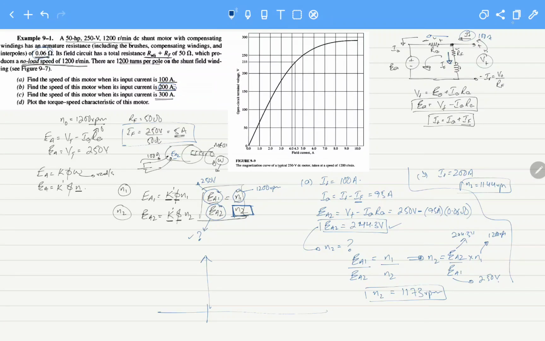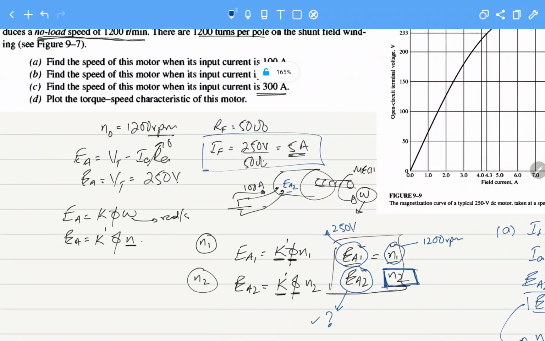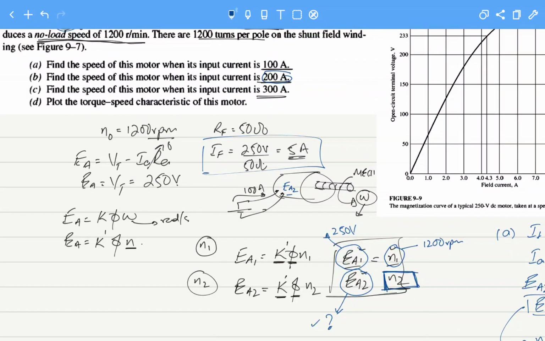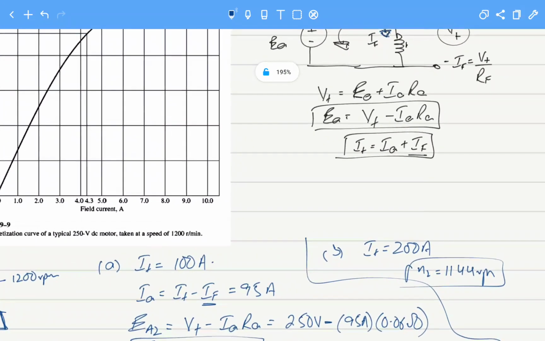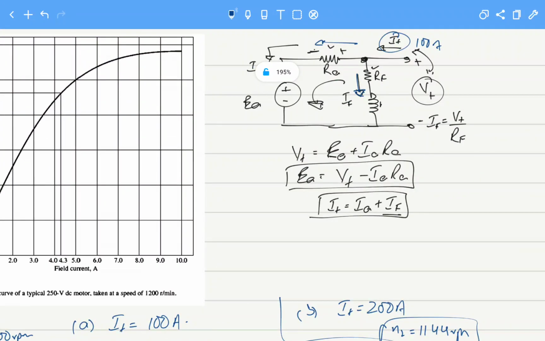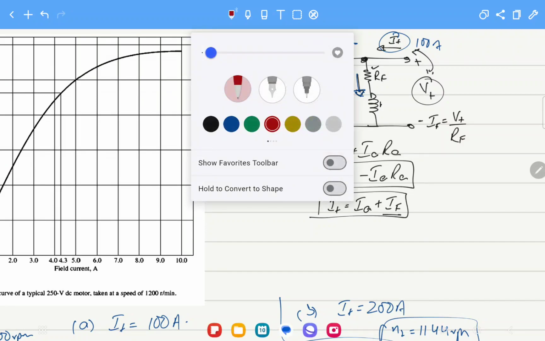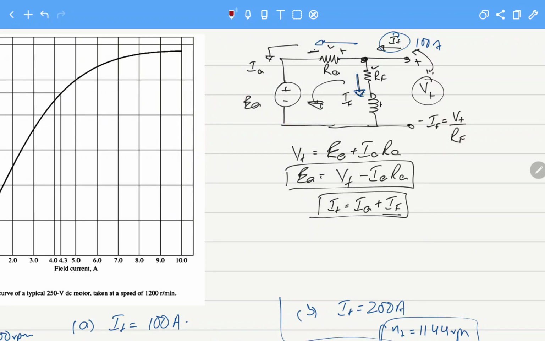For any kind of DC machine, the terminal characteristics are the relationship between torque and speed. So in part D, it states to plot the torque speed characteristics of this motor. To do this, we must know the relationship between electrical power and mechanical power. For the motor, torque and speed are what is important, because that is the mechanical output we get from the motor.